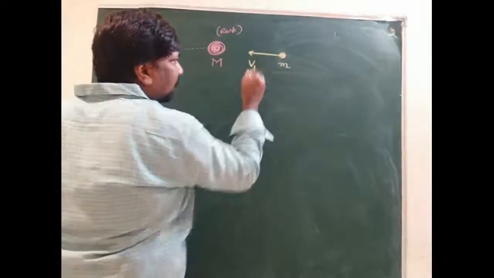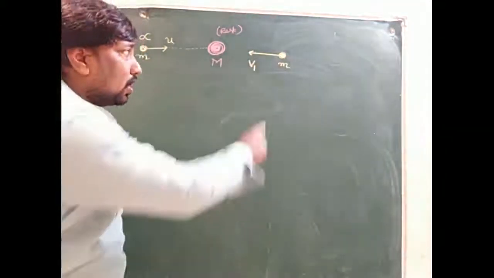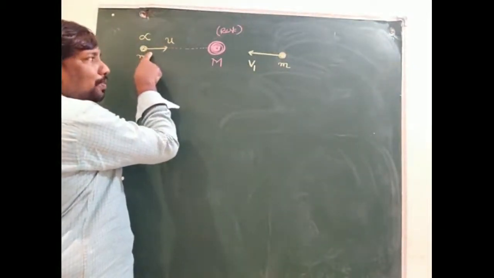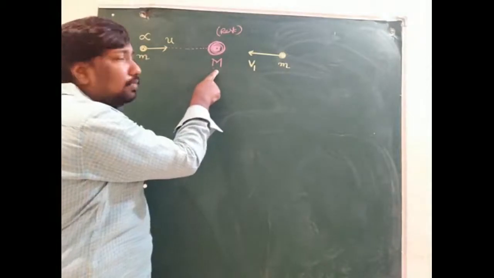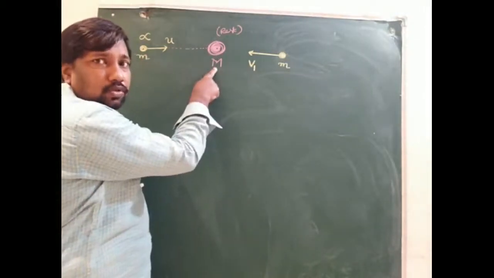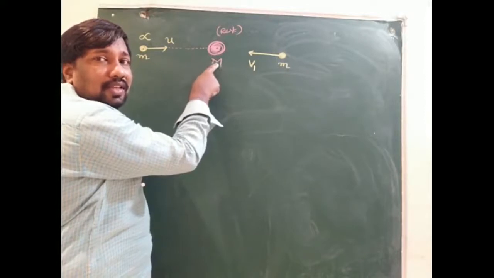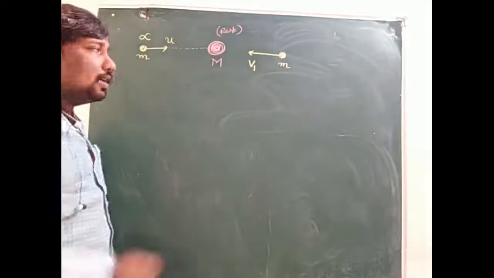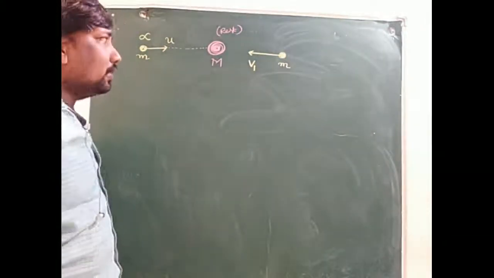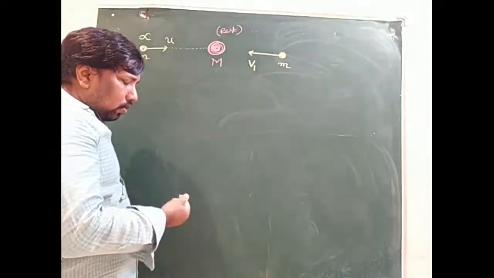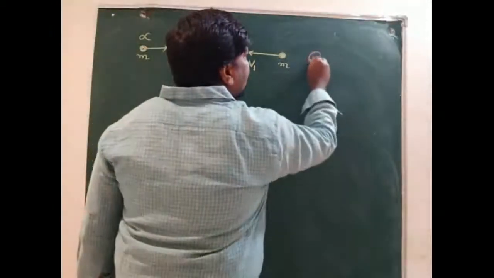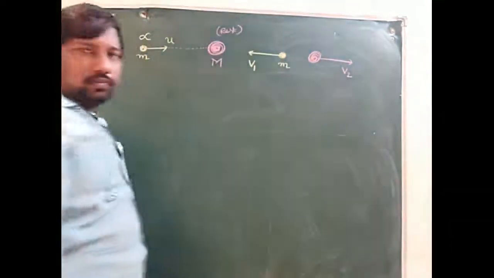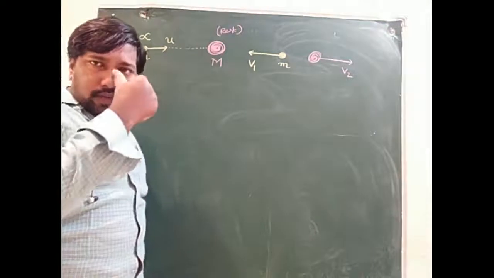Here v1 is the final velocity of the alpha particle, and u is the initial velocity of the alpha particle. The mass of the nucleus is capital M, but the initial velocity of the nucleus is 0. After the alpha particle collides with the nucleus, the nucleus final velocity is v2.